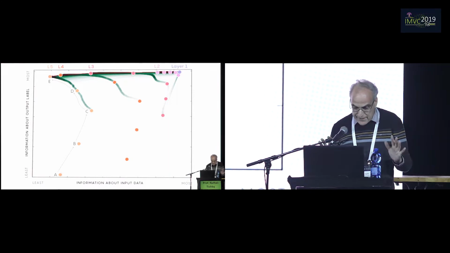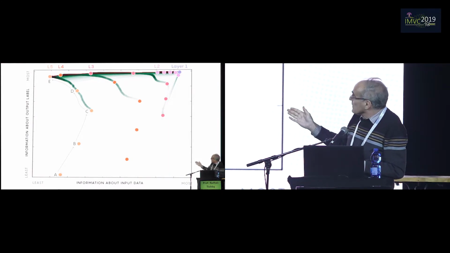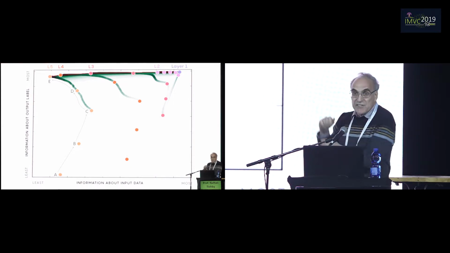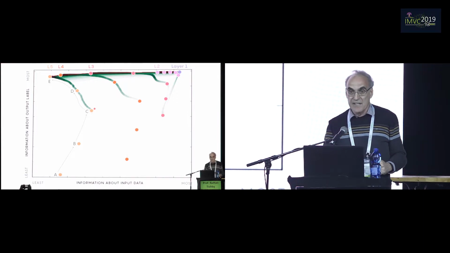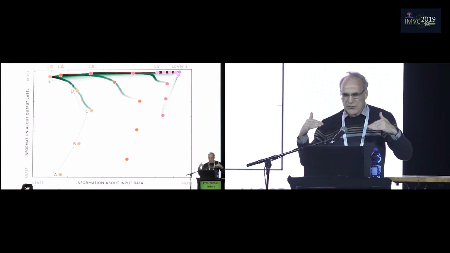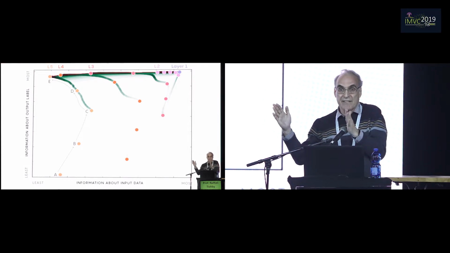If you just want to look at the summary of this, this is the picture I wanted you to take home. Essentially, all the layers are doing those interesting trajectories from A to B to C. They do not compression, but fitting the data very quickly and also improving, remembering slightly more details about the input.